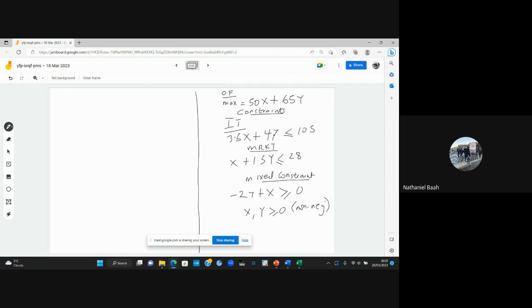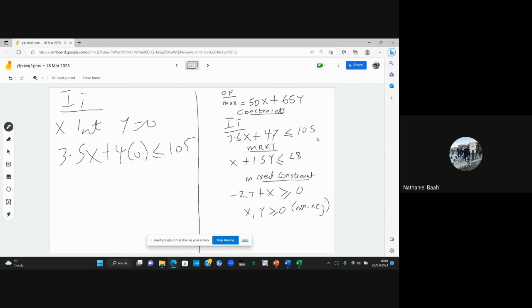When we take the IT department, we are looking at x intercept. So at x intercept, y is equal to 0. That means that wherever we see y in the IT department, we are going to put 0. So we are going to get 3.5x plus 4 multiplied by 0 should be less than or equal to 105.